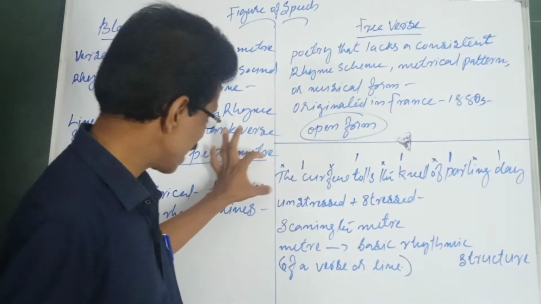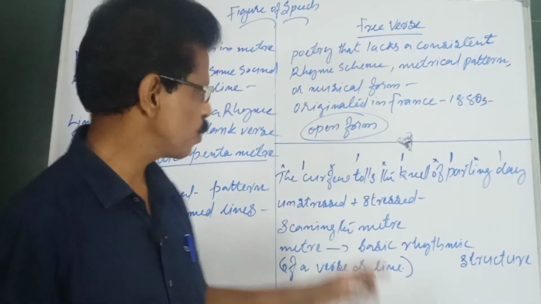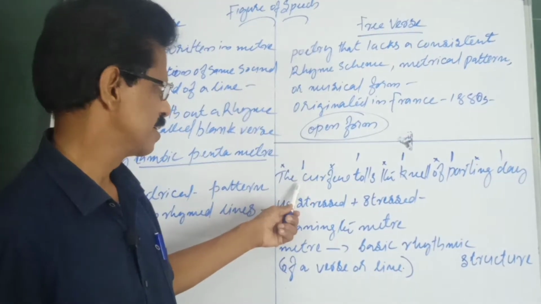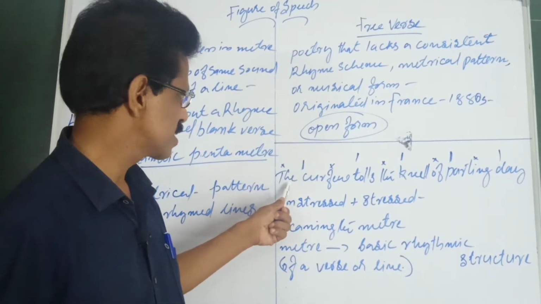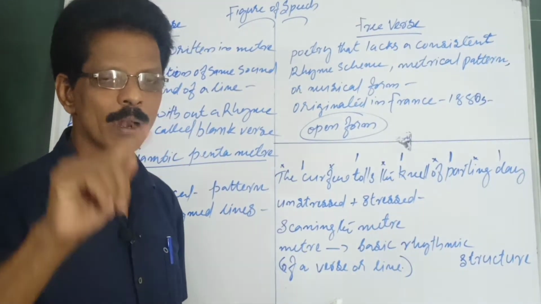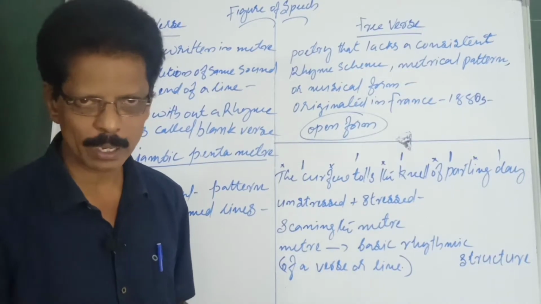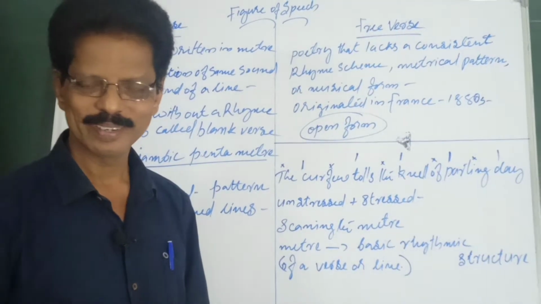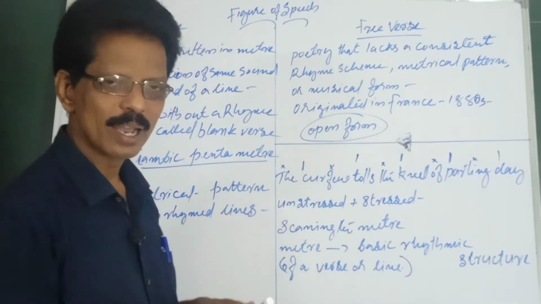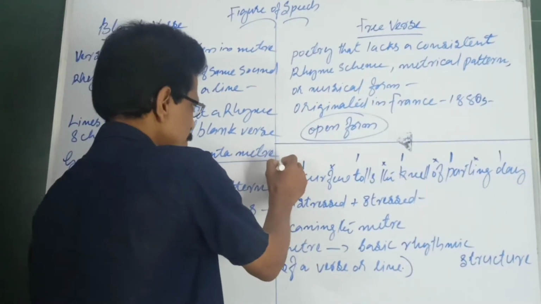So there is a correct method. See how the lines are written. This is a line I will read: The curfew tolls the knell of parting day. The curfew, it is unstressed.